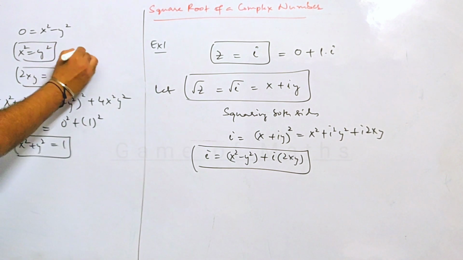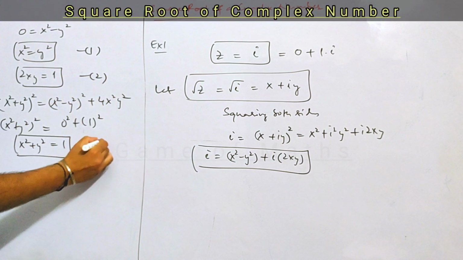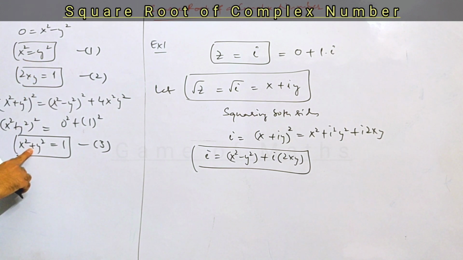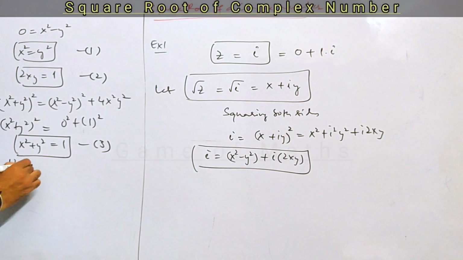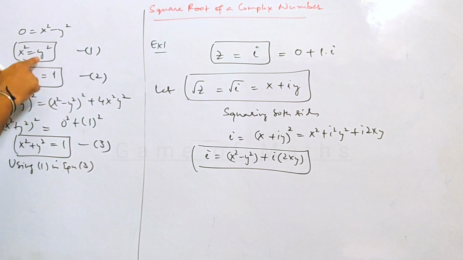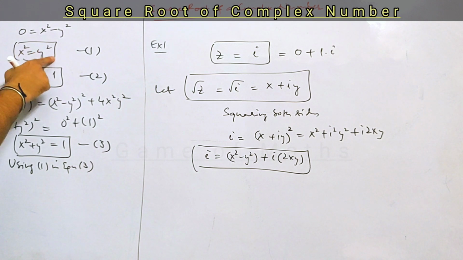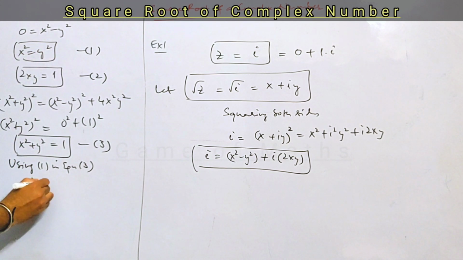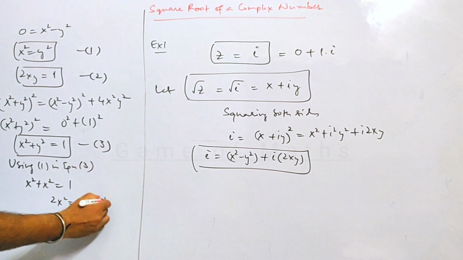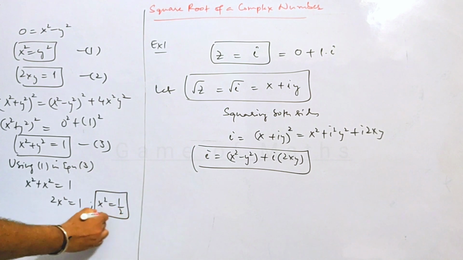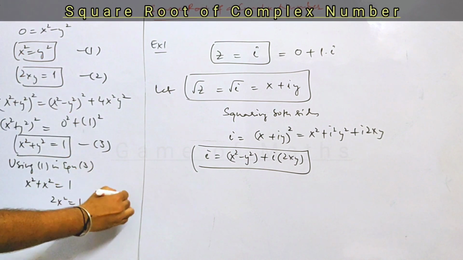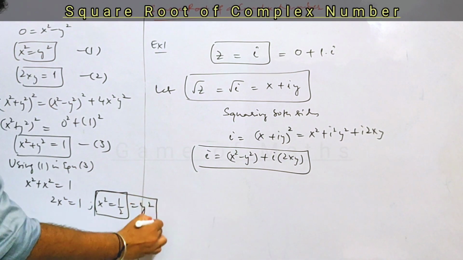Now using condition 1, x square equal to y square, in equation 3, in place of y square I can write x square, as x square and y square are equal according to equation 1. So this gives me x square equal to 1 by 2. Now according to equation 1, x square and y square are equal, so the value of y square would also be 1 by 2.